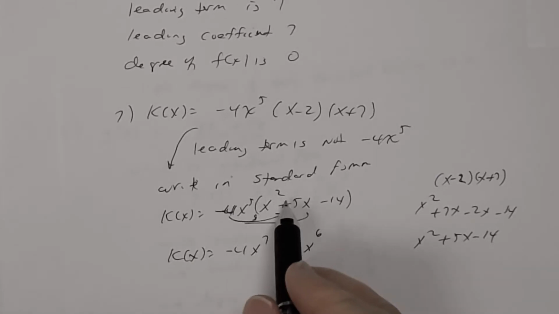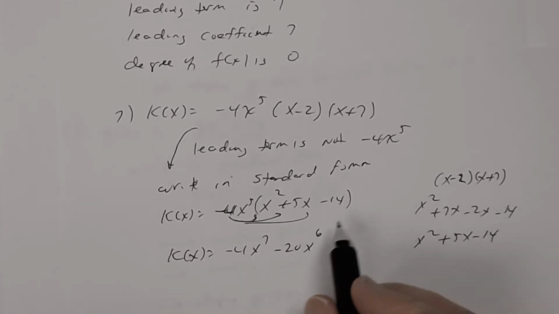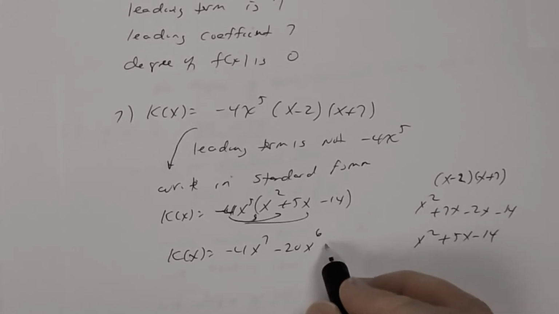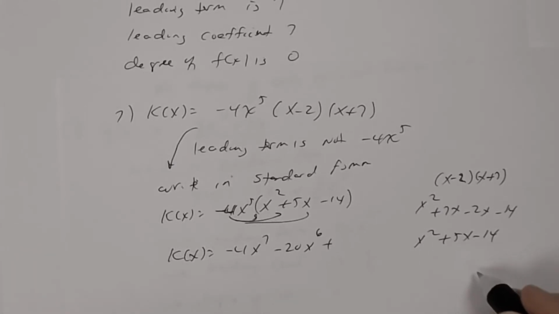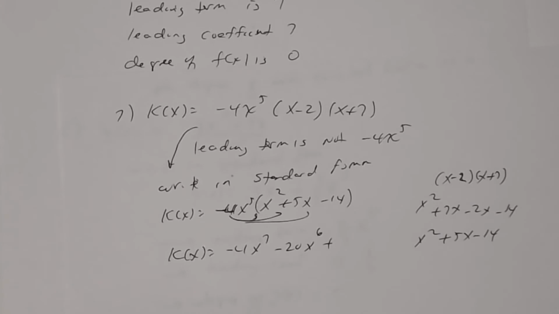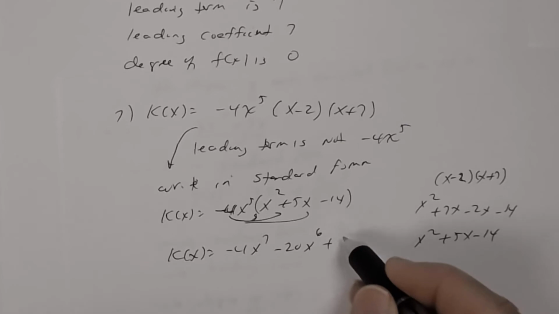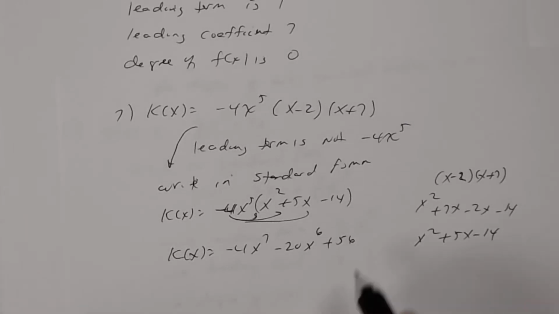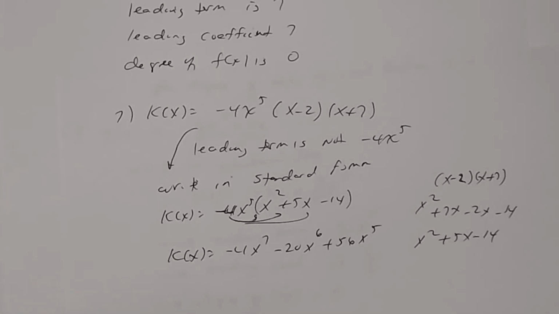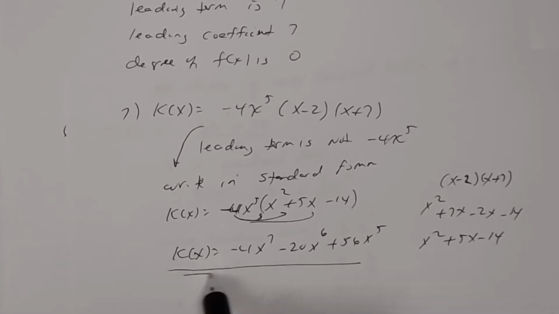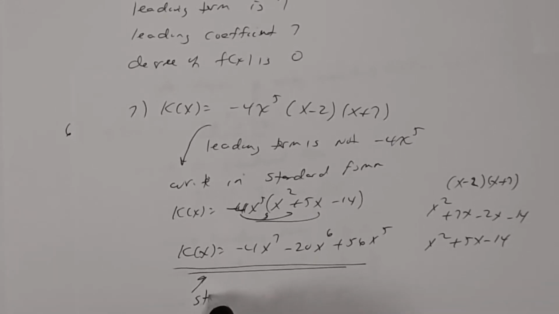So remember, you multiply like bases, you add exponents, remember that? And then negative 4 times a negative 14, so 14 times 4, if you don't know it at once, just use your calculator, 14 times 4 is 56, so plus 56 x to the fifth, okay? So this right here is standard form.